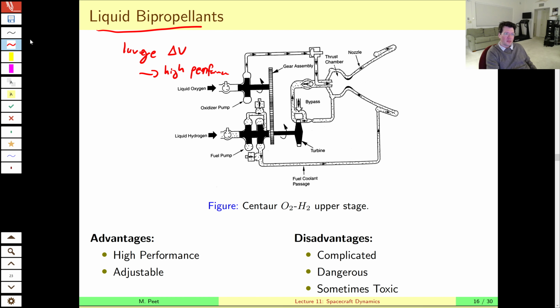Switch to delta. Actually, maybe I'll switch to there. Right. So in this case, this is what we know. We've seen it many times. This is an upper stage actually to the Centaur. So this is what's used to lift to GEO, for example. So this is once you're already in space, or if you're going to Mars or whatever, you would use these upper stages.